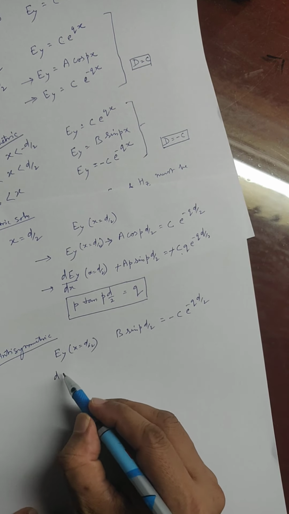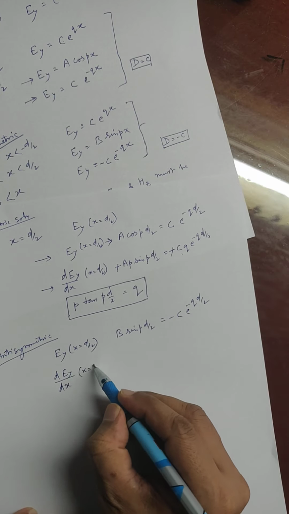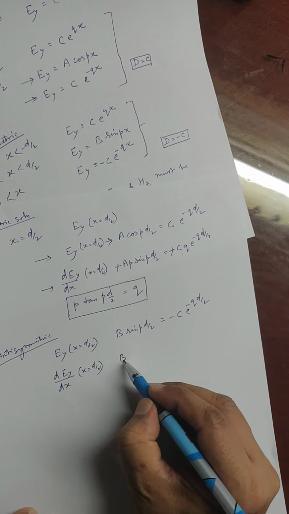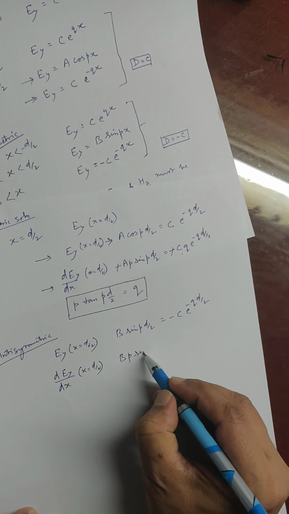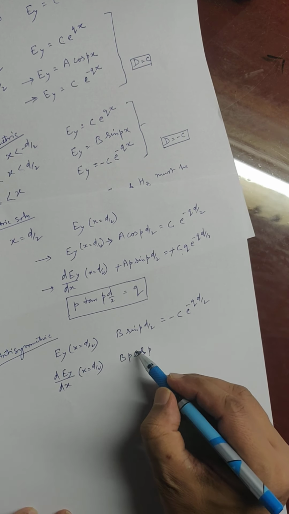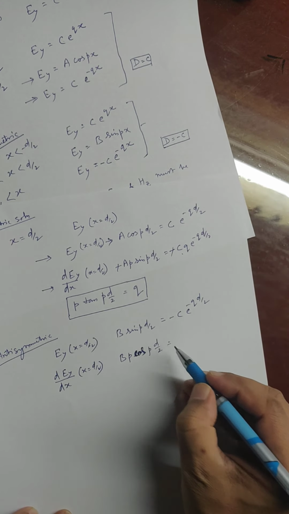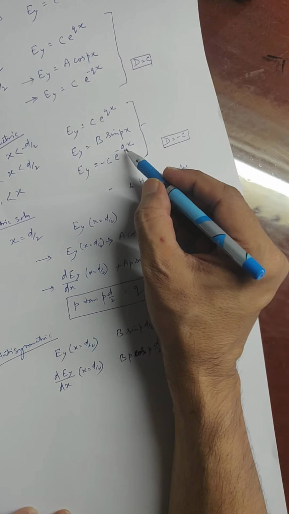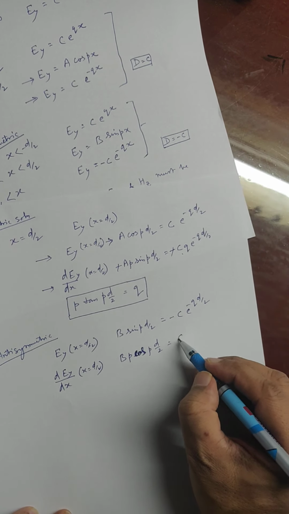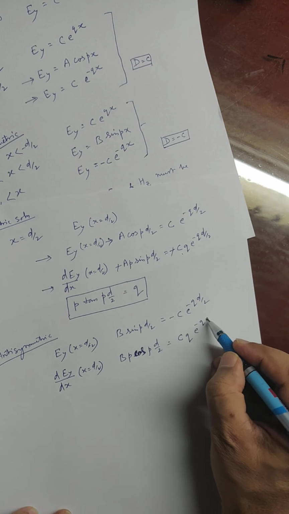And when you impose dEY by dx at x equal to d by 2 to be continuous, then differentiating this would mean B p cos p d by 2 is equal to, and differentiating this, minus would become plus, C q e to the power minus q d by 2.